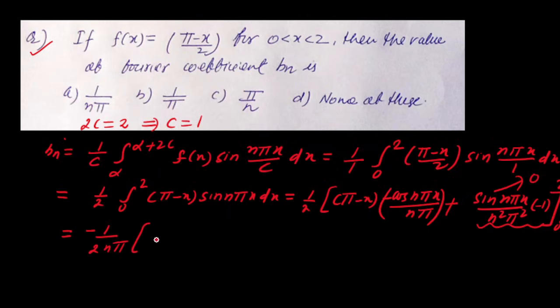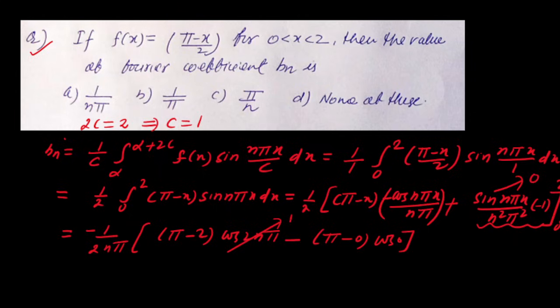So upper limit is 2, so I will write what? I will write pi minus 2 and cos 2 n pi, and then minus the lower limit is 0, so I will write pi minus 0 and cos 0. This minus term and n pi I already have taken common.